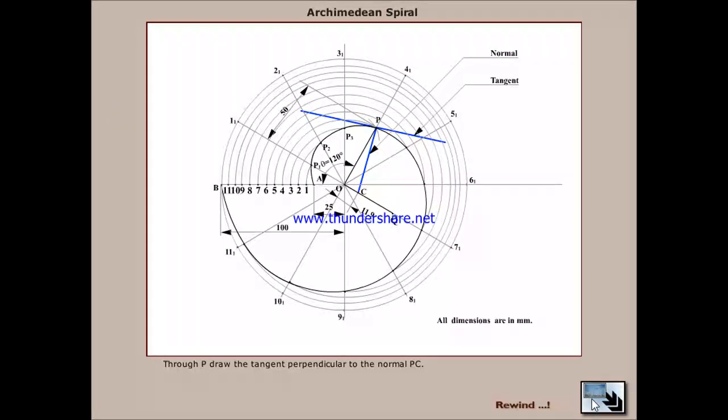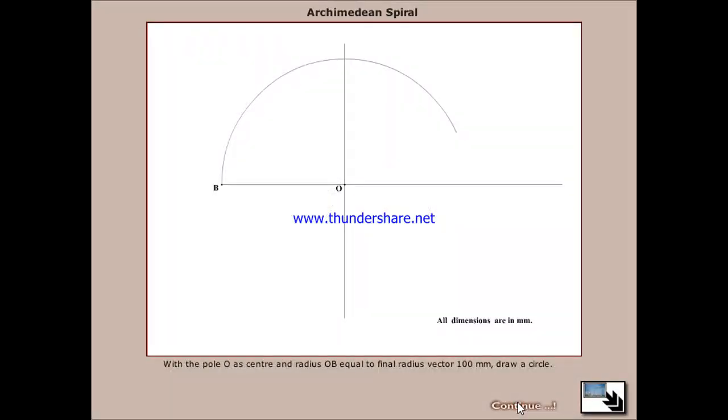Once again, with O as the center and radius OB equal to the final radius vector, 100 mm, draw a circle.